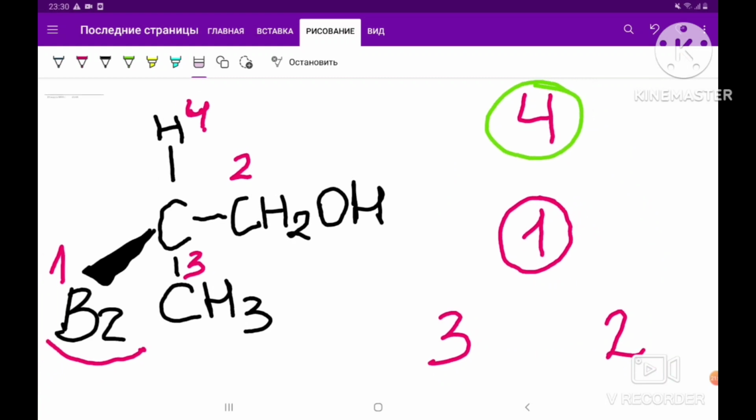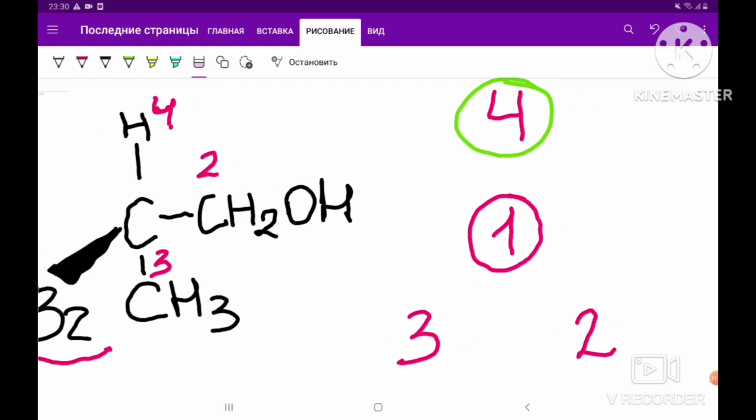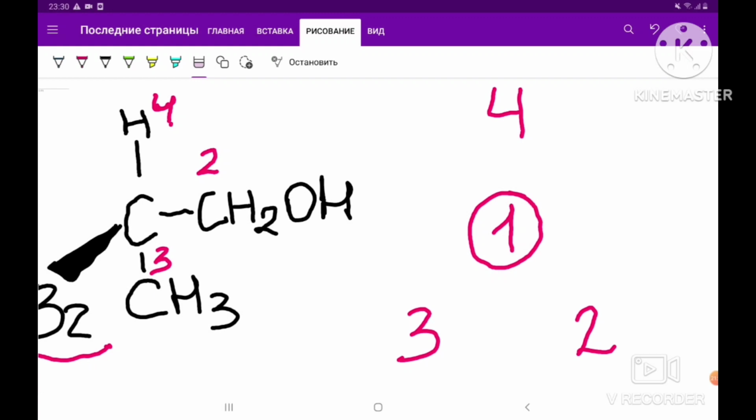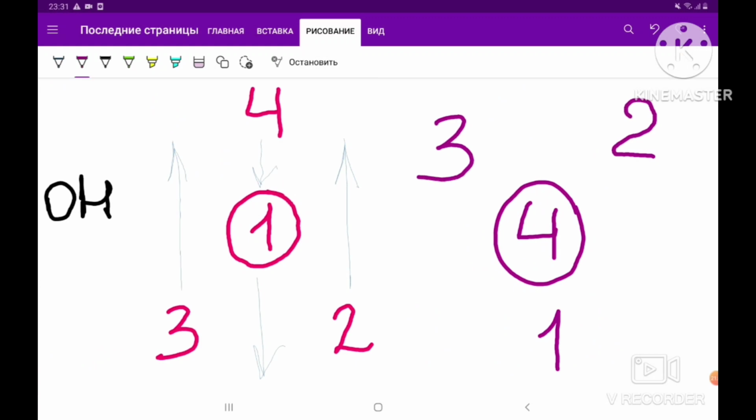Well, what we do, we start flipping it upside down, remember, fellows. We flip the molecule. Number 4 will replace 1, 2 and 3 will go upper, and let's draw what we get. So number 4 now comes to the center.